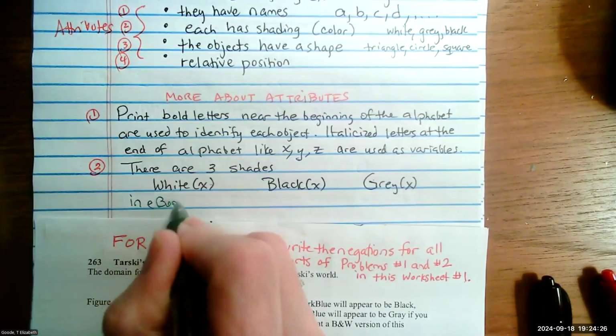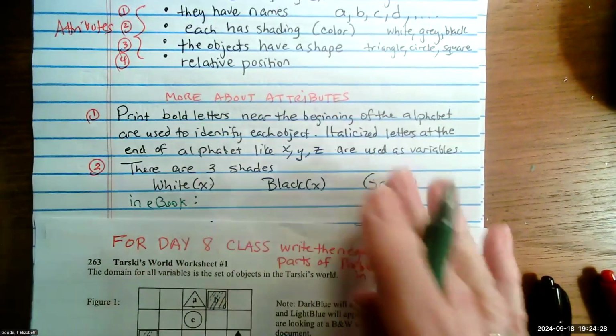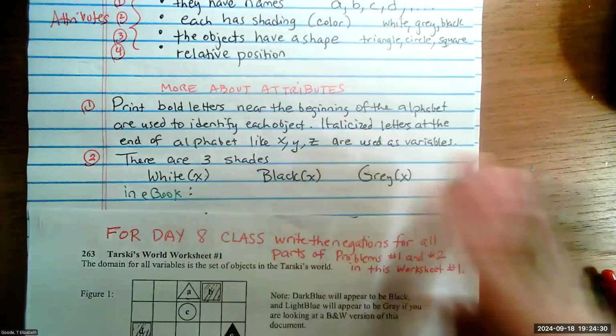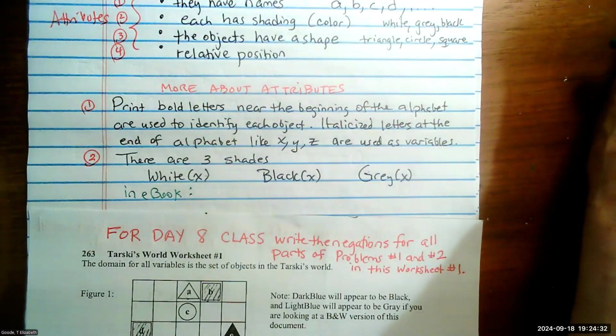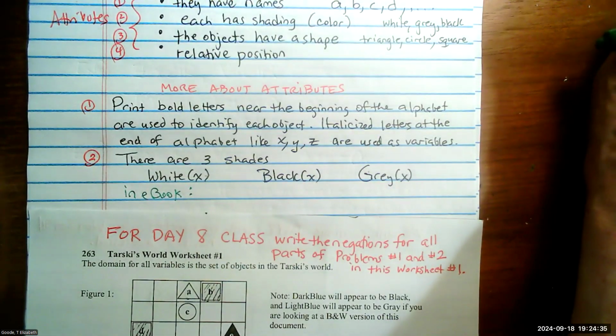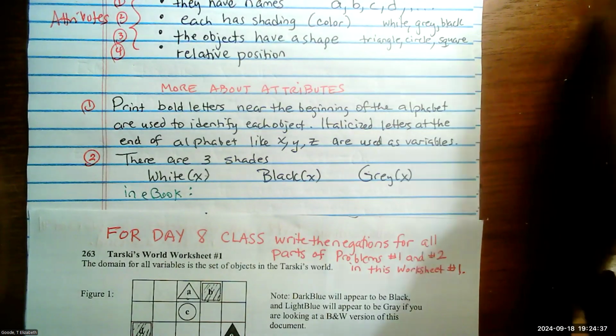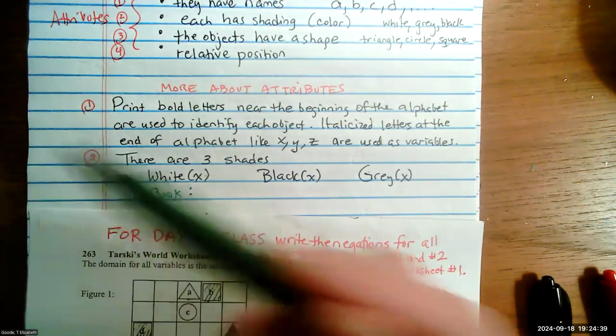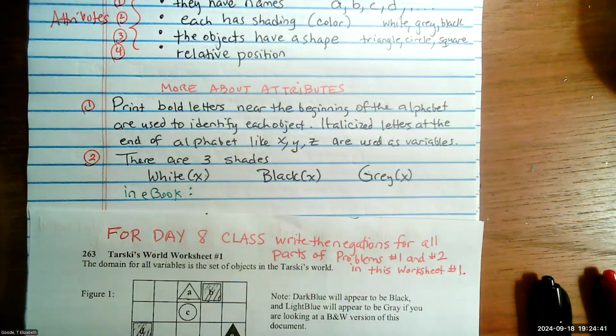And in the ebook, by the way, is there anybody who is colorblind here? Because I have a student in another class that's colorblind. The reason I'm asking is in the ebook, when you see the figure of a Tarski's world in WebAssign, there's a tiny little information circle with the eye in it for information. If you click it, then it gives a full description of all of the objects and their colors and what row they're in and everything.